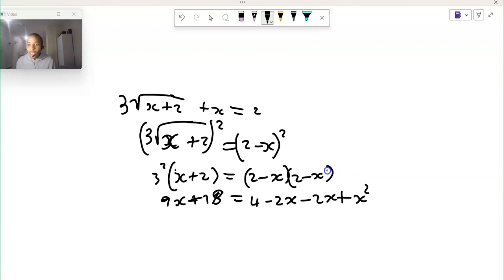So since the exponent of this x is 1, and the exponent of this x is also 1, 1 plus 1 is going to give you 2, right?